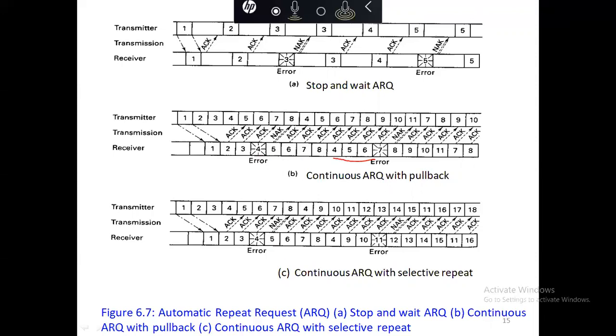In this, we have the negative acknowledgement and only the selected frame is retransmitted, and that acknowledgement is sent, and we continue from the next symbol. So selective repeat request is better than the other methods.